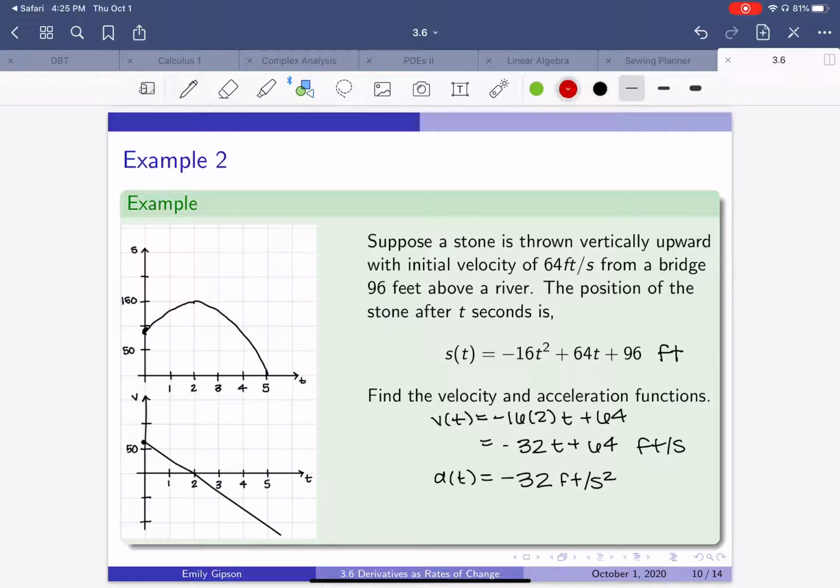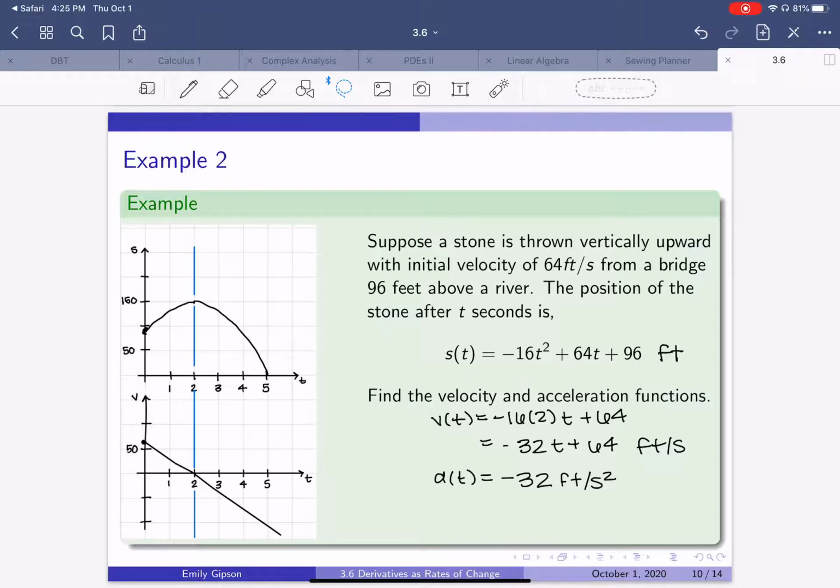And our position and velocity diagrams look like that, where at time equals 2, or just thereabout, our stone reaches its peak.